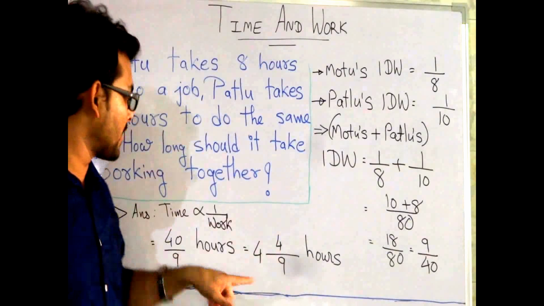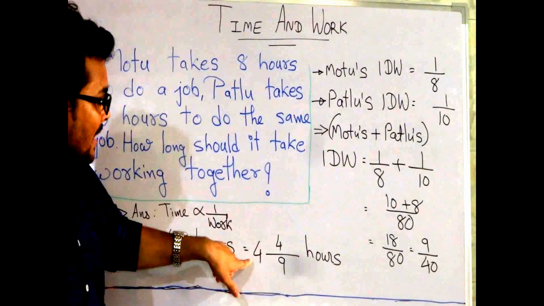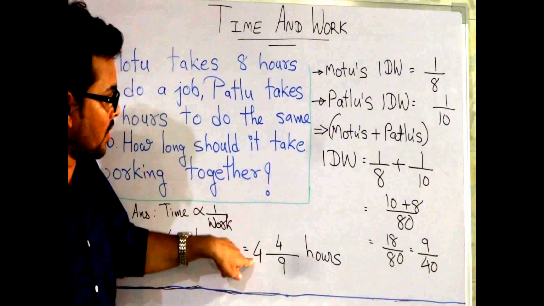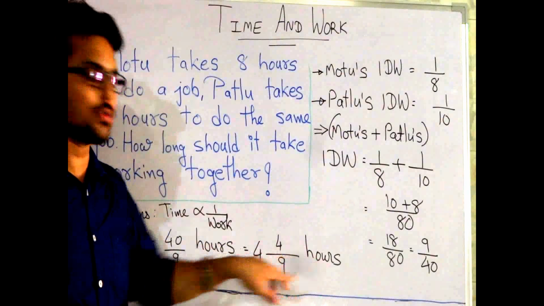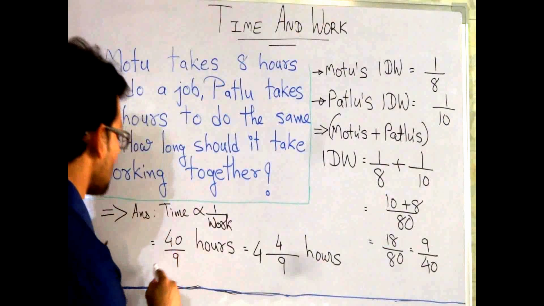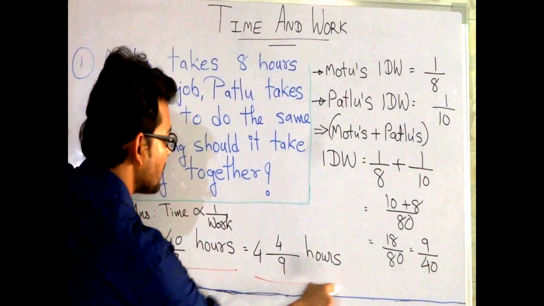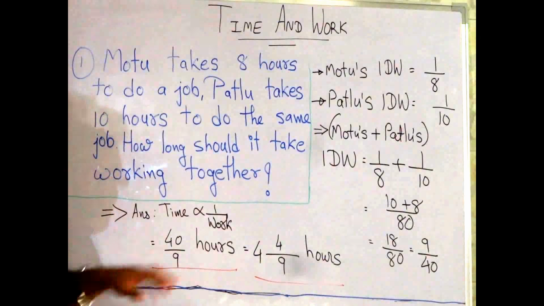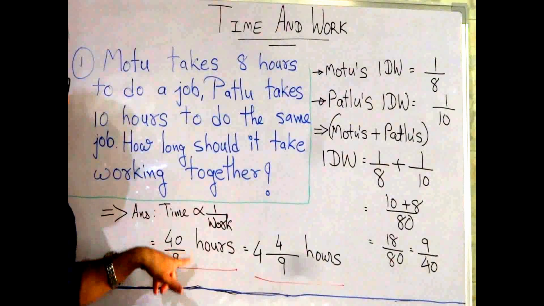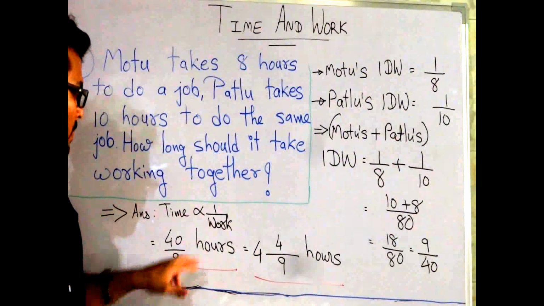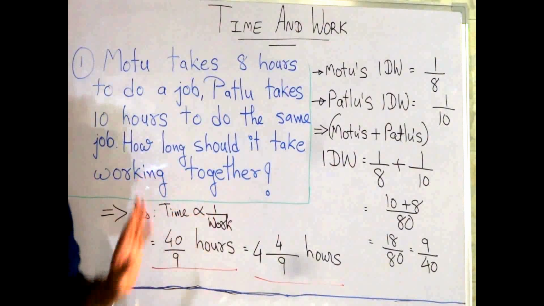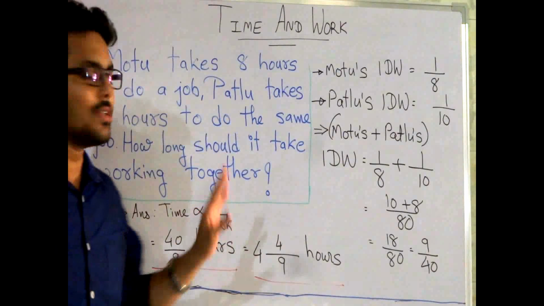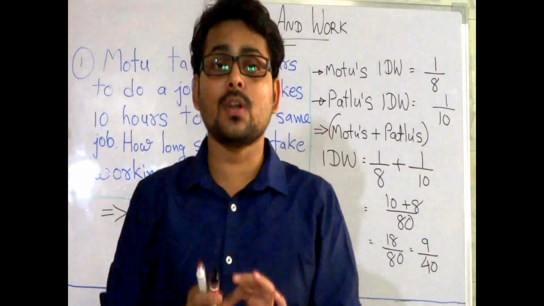If both are working together, they can complete the work in 4 and 4 by 9 hours. So this is our answer, and both are correct. Different way of writing. So this is our answer, 4 and 4 by 9 hours or 40 by 9 hours. Okay, so this is the simplest one, first problem.